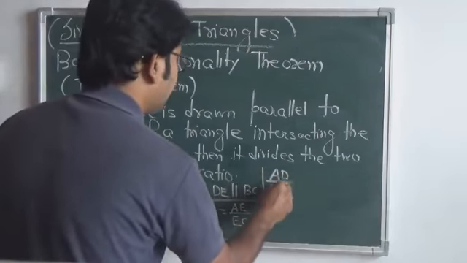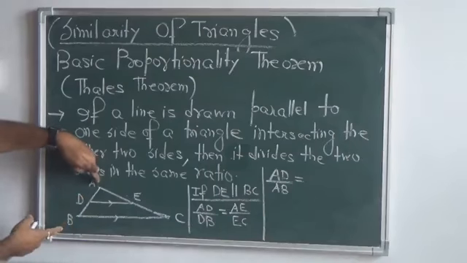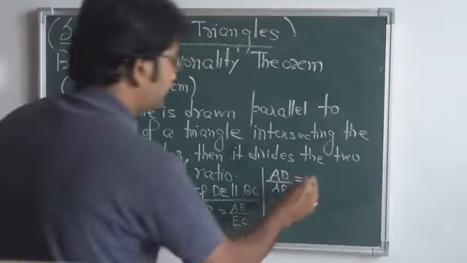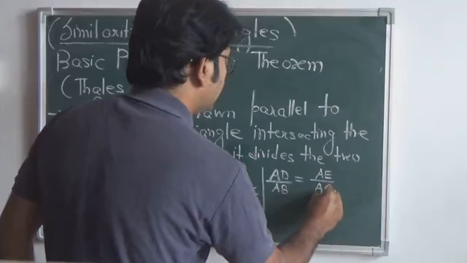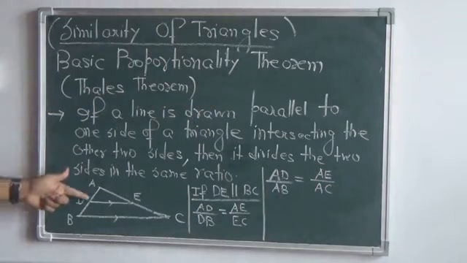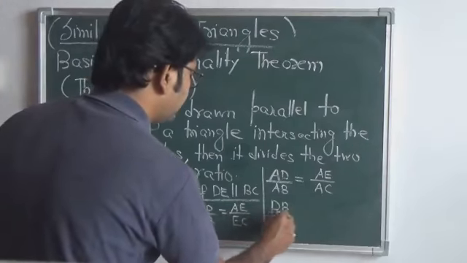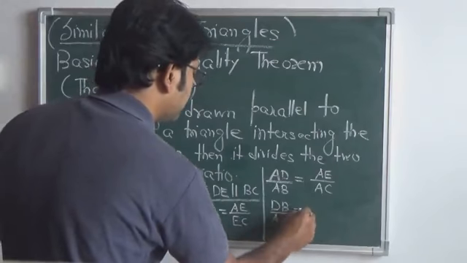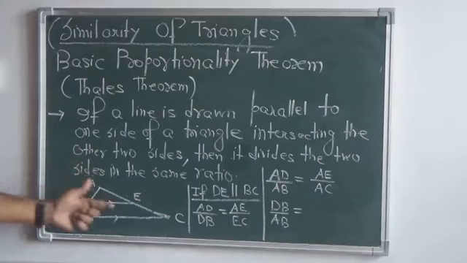AD divided by AB, so this part AD divided by the total AB equals to AE by AC. This is number 2. And number 3, DB by AB. We have previously taken AD by AB, now we are taking DB by AB equals to EC by AC.